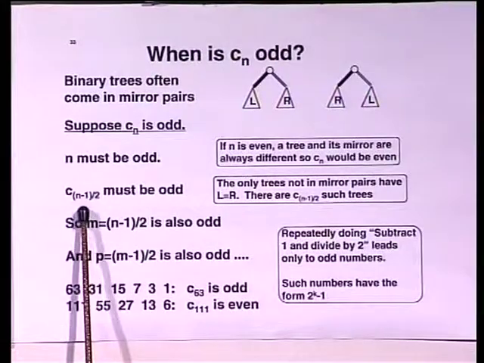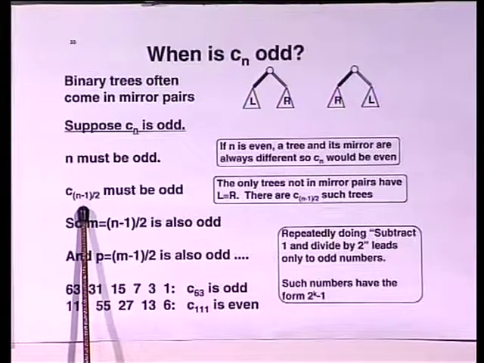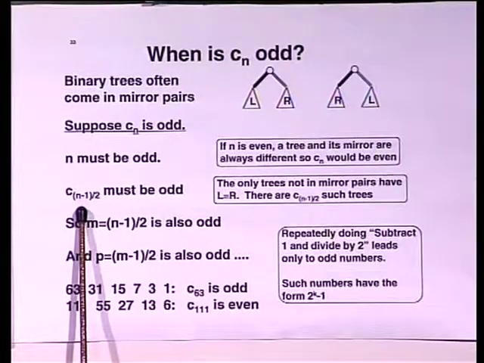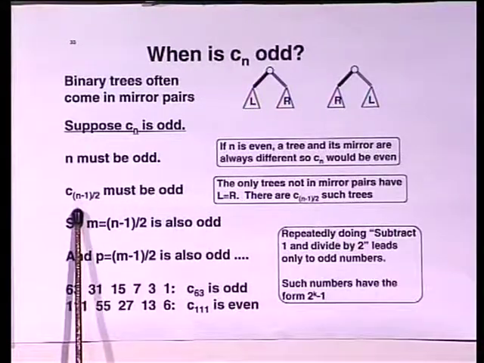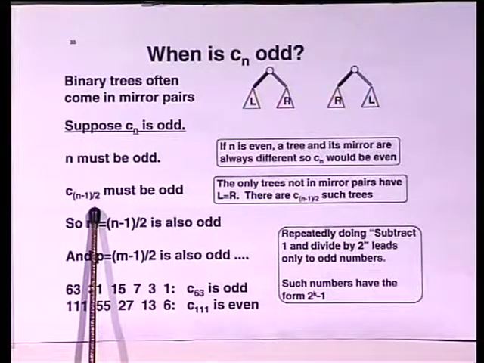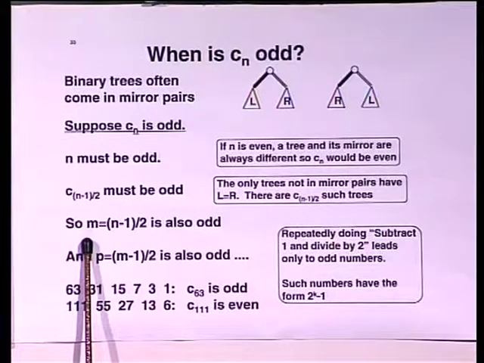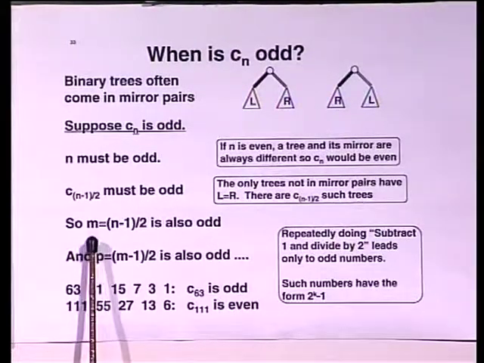Well, now we've reached a common situation in mathematics. We've reduced our problem to a smaller one. And because we know that this Catalan number is odd, we can now repeat the argument, and in repeating the argument, we shall find on the way that n minus 1 over 2 is odd, and that's this statement, and that the Catalan number for m minus 1 over 2 will also be odd.